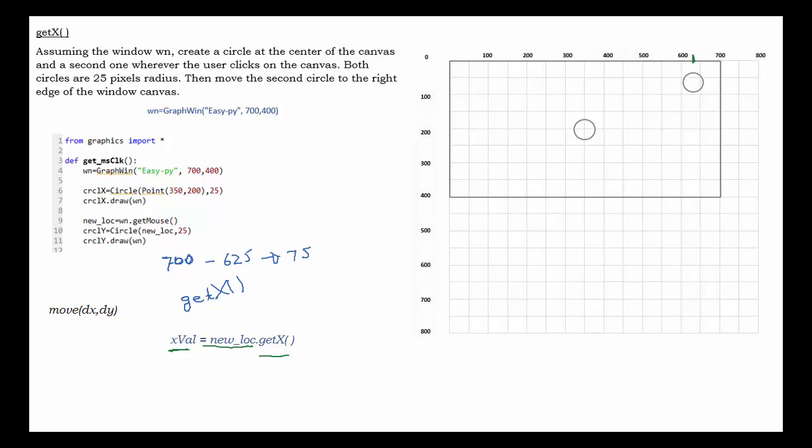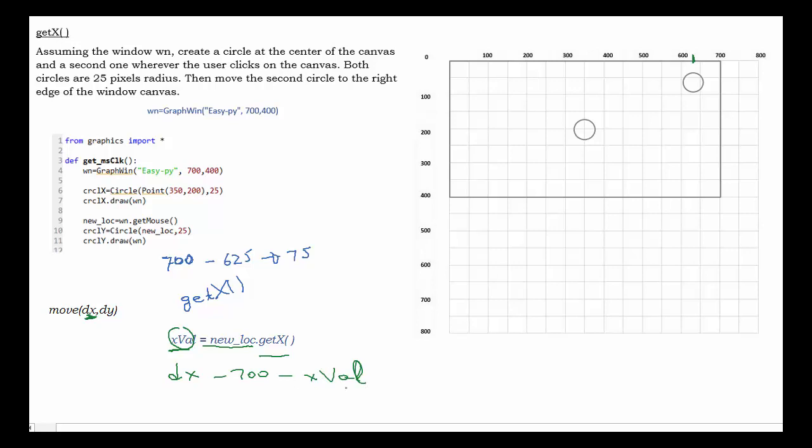Now that we know where the object is located in relation to the axis x, we can compute the dx value, which indicates how much we would like to move along the axis x. That value of dx is 700, which is the end of the canvas, minus the location of where our object is sitting, in other words, xval in our example.